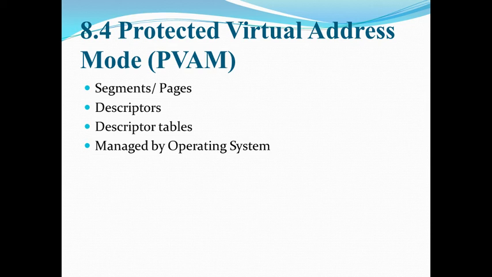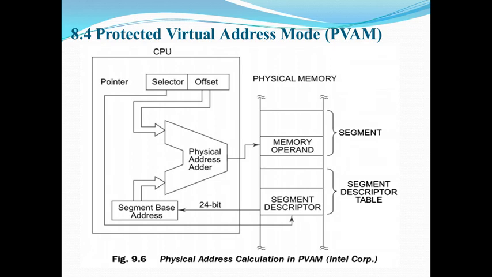The 80286 uses a 16-bit segment register as a selector to address a descriptor stored in physical memory. So let us see the figure for how to calculate this. Here we can see a segment descriptor table is used, and there can be multiple segments.